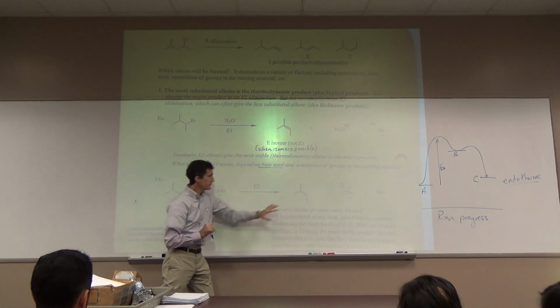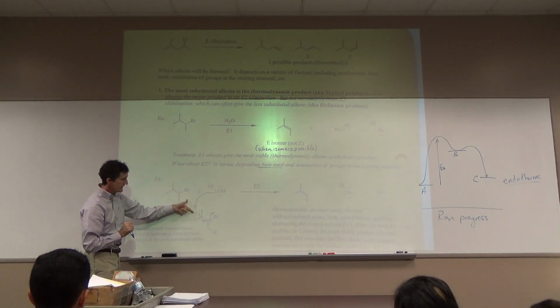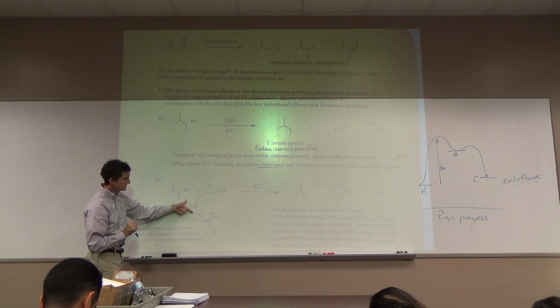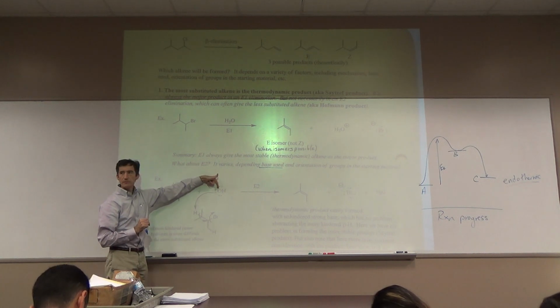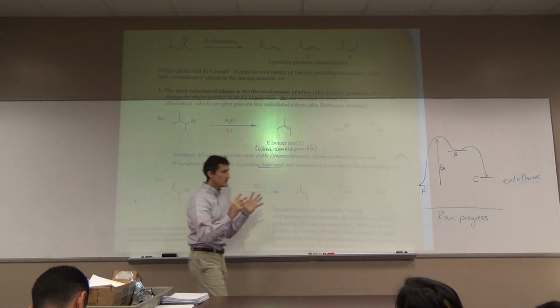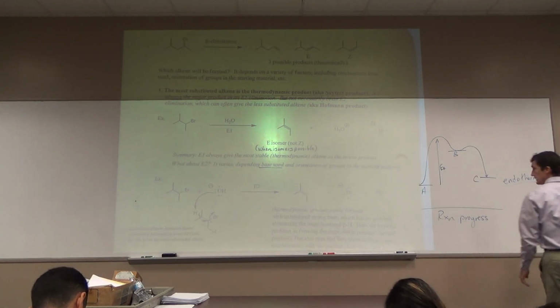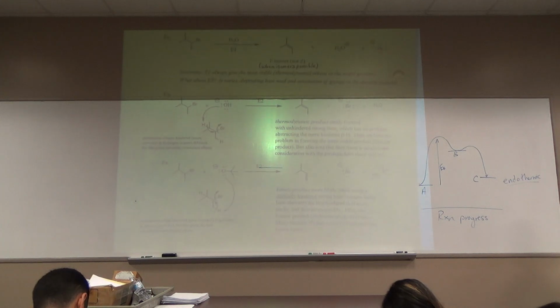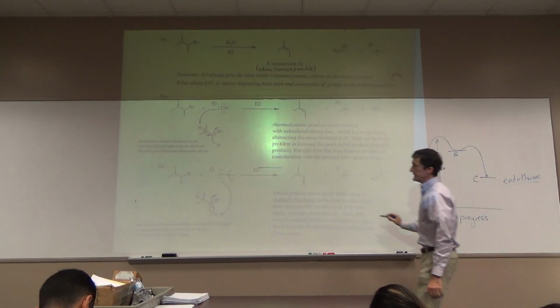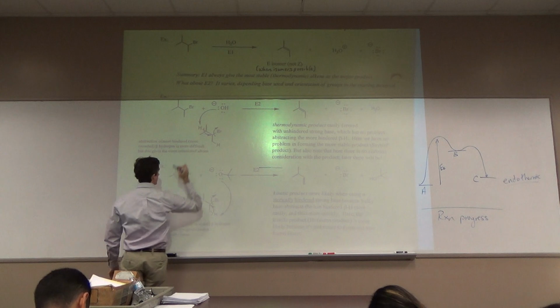To get the Zaitsev product, you have to remove the more hindered hydrogen. That's okay if the base is small. If the base is large, we have difficulty taking the more hindered hydrogen.